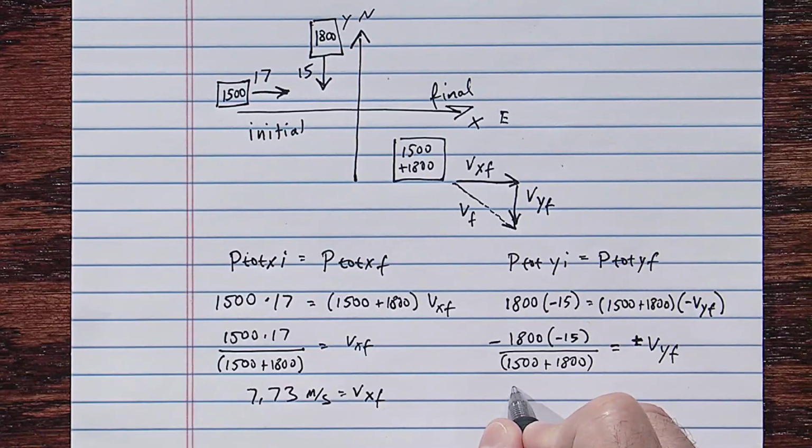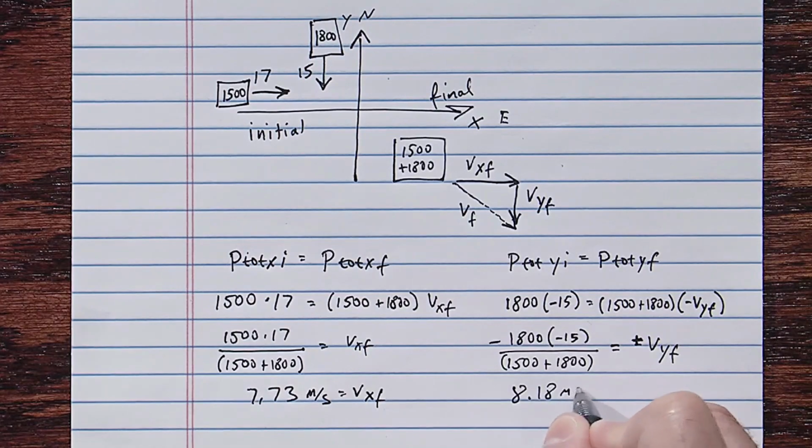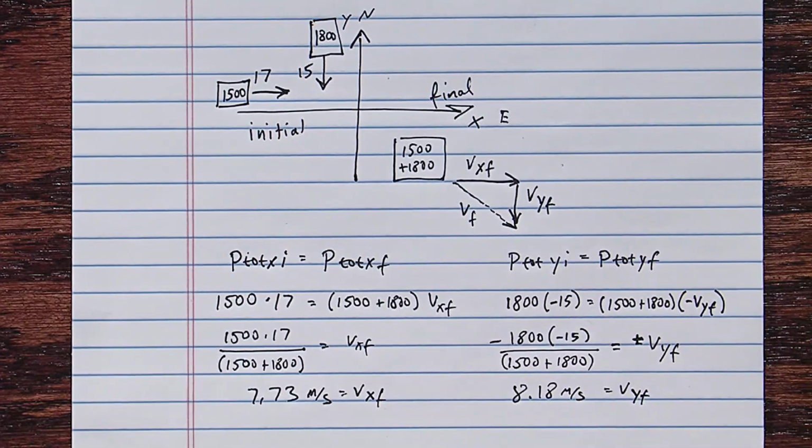And we have 1,800 times 15 divided by 1,500 plus 1,800, and that would give us 8.18 meters per second as our Vy final.